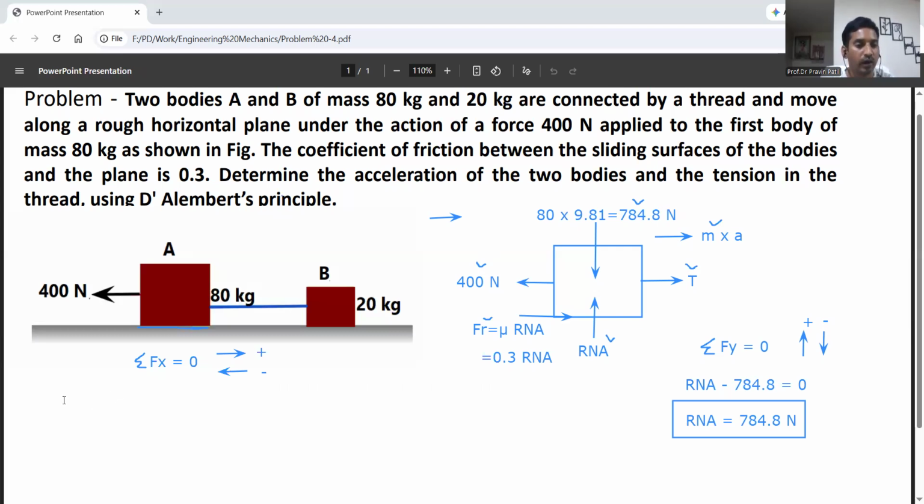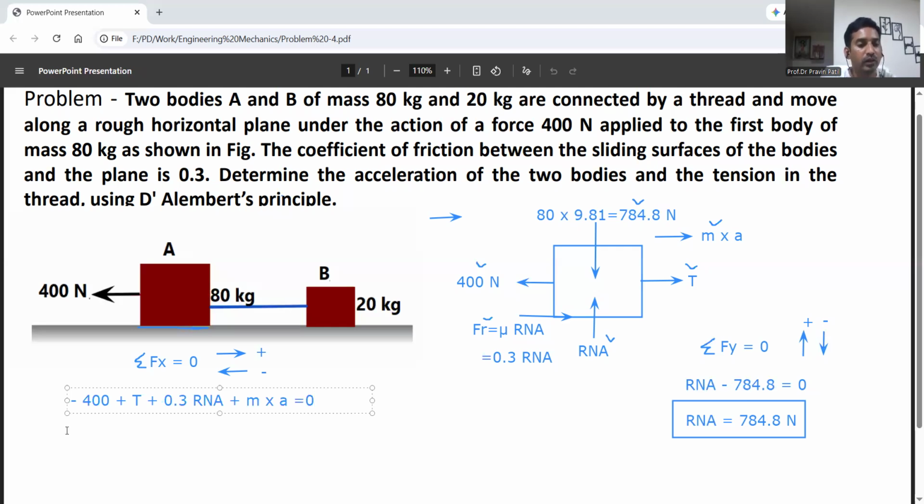So 400 is negative, minus 400. Then tension is to the right side, so it is positive. The friction force is also positive, so 0.3 into RNA. Next, mass into acceleration is also towards the right side, so plus mass into acceleration, equal to 0.